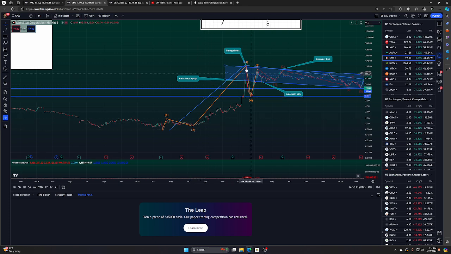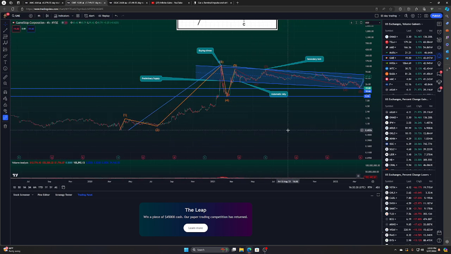Your 3rd wave is going to be an impulsive, very long move to the upside. You're going to have a very deep retrace on wave 4, and then wave 4 has to be bigger than wave 2, which it is. So all 3 of those conditions are met. So I'm thinking that we're seeing a failed 5th wave to the upside.